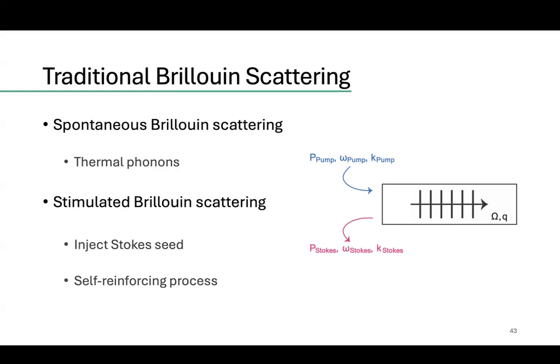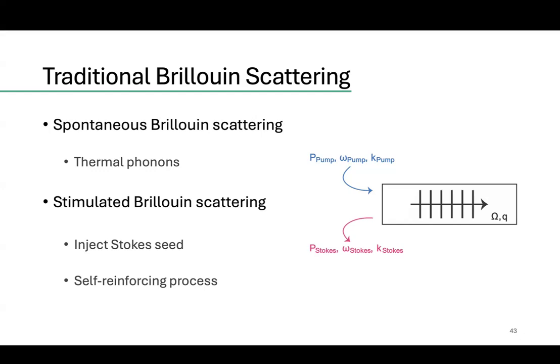But if we employ this pump and Stokes process and turn pump powers up high enough, or inject a small Stokes seed into the optical field, we can induce a self-reinforcing amplification process, whereby the pump scatters with the acoustic field in the material, causing a self-selected phase-matched Stokes term to appear.